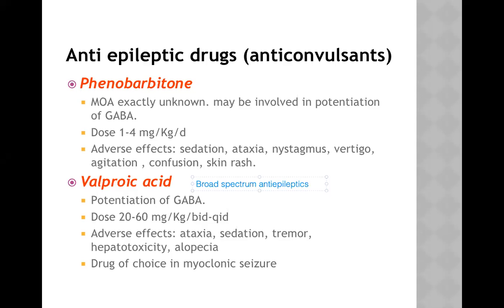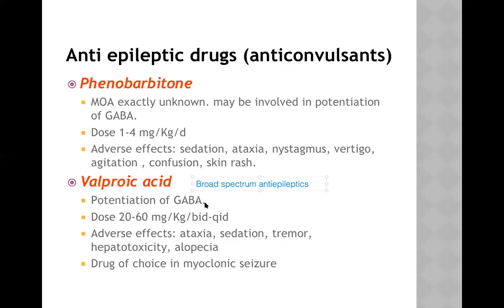So broad spectrum anti-epileptic, valproic acid. It acts as an agent which potentiates the effect of GABA. Now, what is GABA? It inhibits a neurotransmitter.